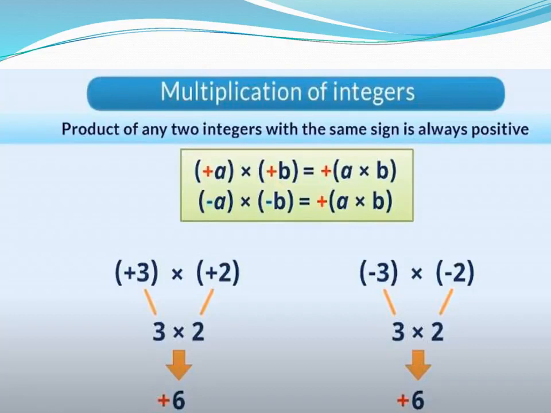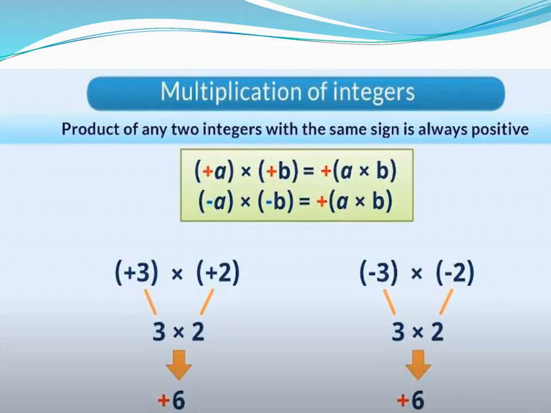The product of any two integers with the same sign is always positive. Suppose you take two positive integers a and b and multiply them, then the product is also positive. Means a is positive and b is positive, then a multiplied by b gives plus of a into b.